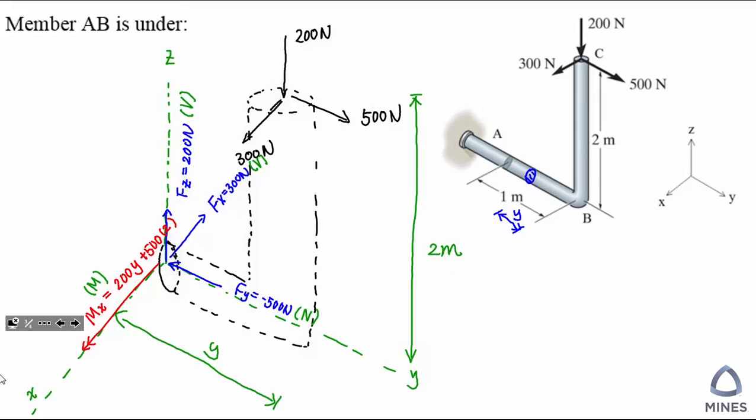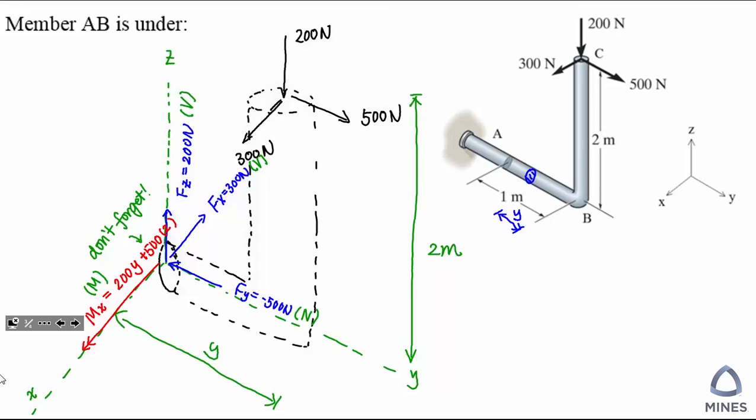You can see the moment in the x direction is actually created by two forces. One is going to be the 200, another one will be 500. So do not forget. Next, we're still going to use 500, and then we are going to try to multiply by the y distance. However, these two things, force and dimension, are parallel to each other, so which means it's not going to create any moment. So we can move to the next force, 300.